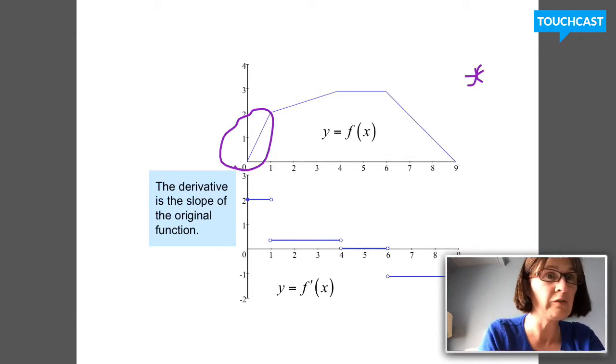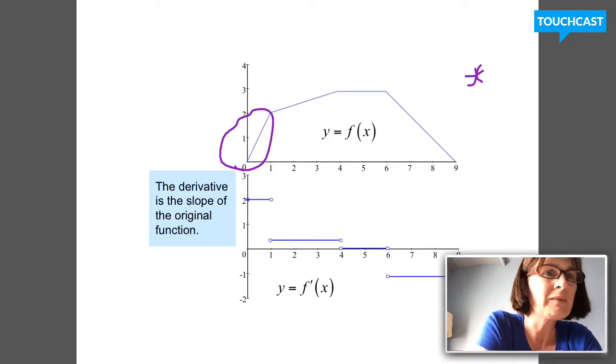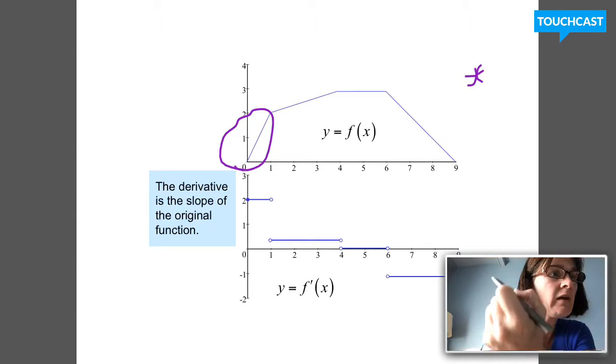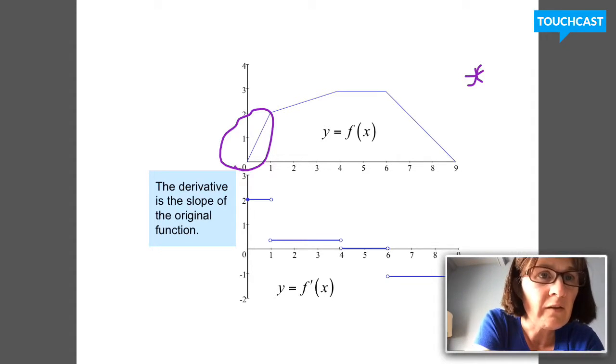I have a slope of 2. So anywhere between 0 and 1, the slope of the graph was 2, which means anywhere between 0 and 1, I want to show that the slope is 2. So that's why I've graphed here this little horizontal line segment at y equals 2.